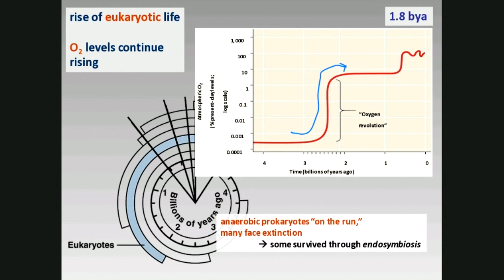What happened to those anaerobic prokaryotes, the ones that didn't die off as these oxygen levels began to rise? Well, many of them went extinct. A lot of them went extinct, but some of them survived by actually hiding, if you will, or holing up inside of another cell, something we call endosymbiosis. Now, symbiotic or symbiosis is organisms living together, right?